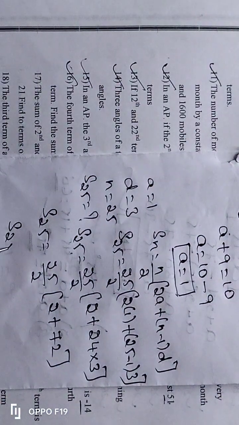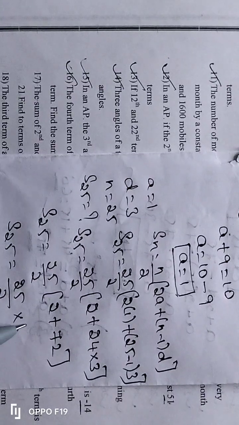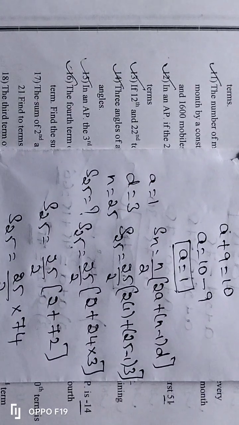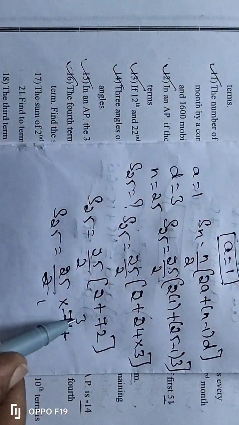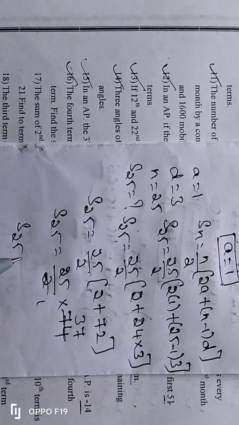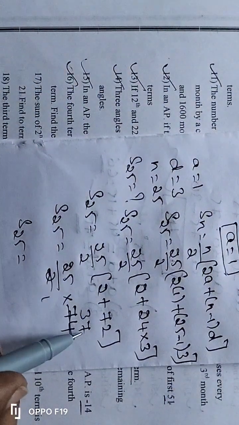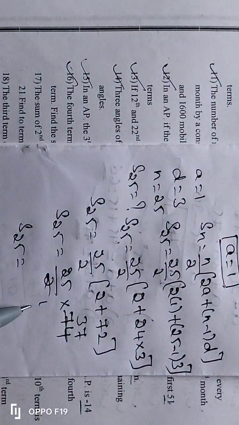So S25 is equal to 25 by 2 into 72 plus 2 is 74. 2 ones are 2, 2 threes are 6, 2 sevens are 14. So S25 is equal to 25 sevens are 175.